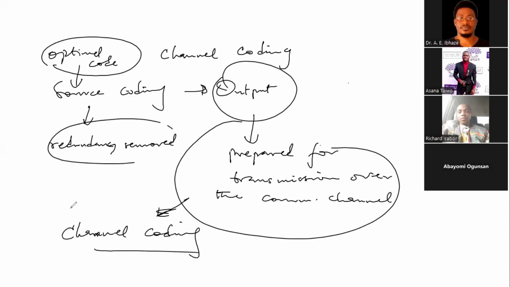And now that we have done that, relative to the capacity of the channel, we now want to encode this message symbol. And by so doing, we now want to add redundancy.